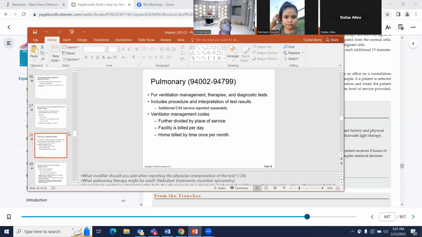Oh, this is a good one. Hot packs applied to 2 areas. What is a hot pack? What's a hot pack? You tell me.